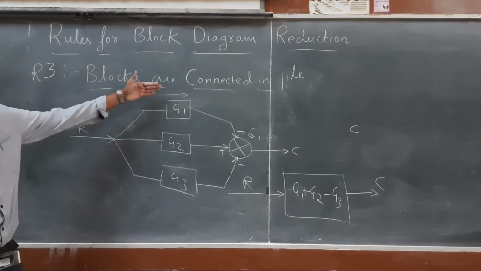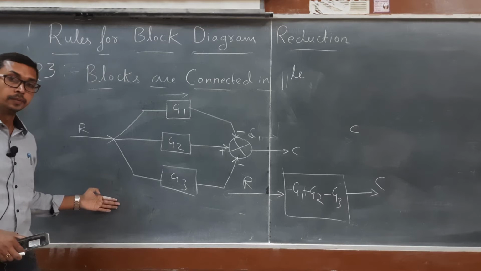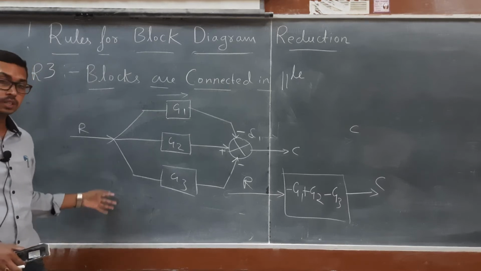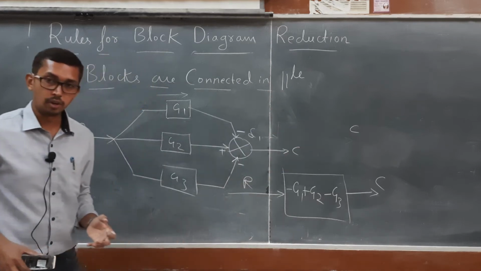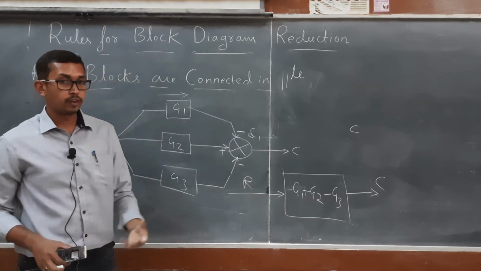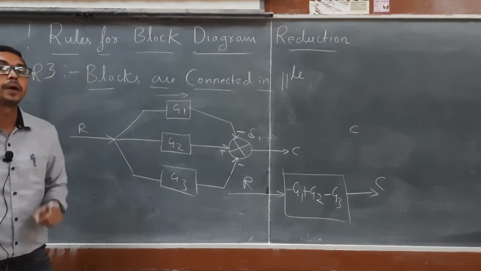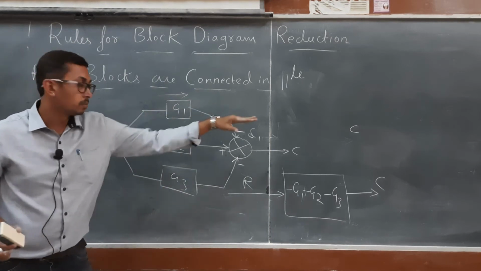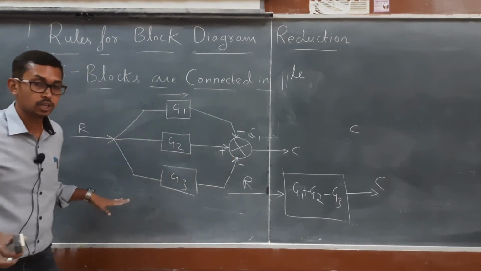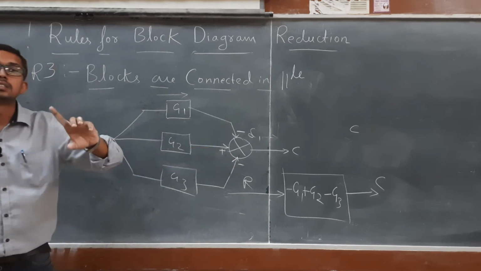Okay, so if we get this situation when the blocks are connected in parallel, then we can reduce this into a single block by algebraic summation. So how do we identify whether the blocks are in parallel or not? The only thing you have to pay attention to is that the direction of flow of signal must be in the same direction, and all the blocks have to be connected at a single summing point.